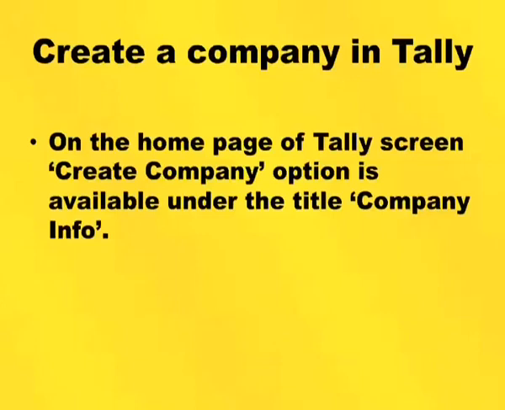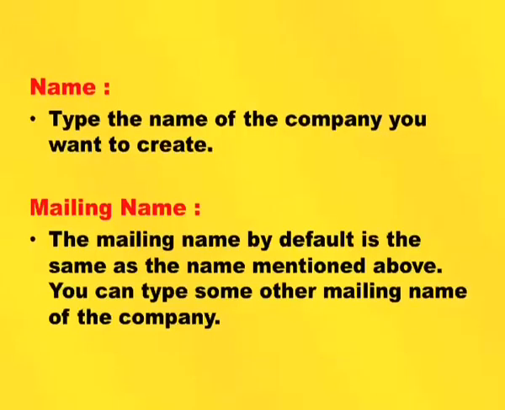On the home page of the Tally screen, the create company option is available under the title company info. Some important fields are discussed below. First, name: type the name of the company you want to create. Second, mailing name and address.